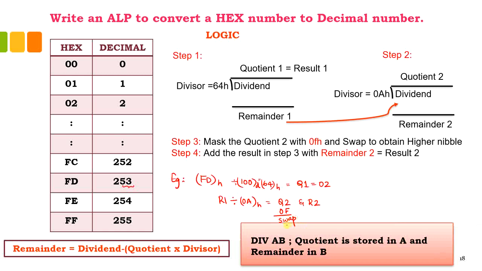The result of this has to be added to remainder 2, and this will be your result, which will correspond to the number 5, 3. Now we need to see this using a calculator, right? So let me quickly show you how this happens.